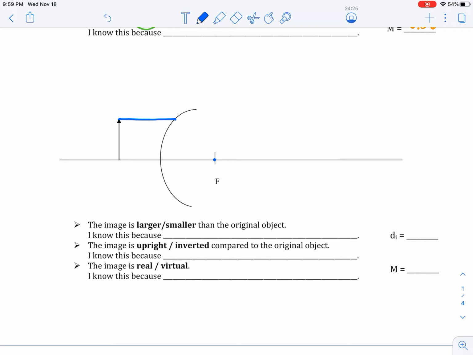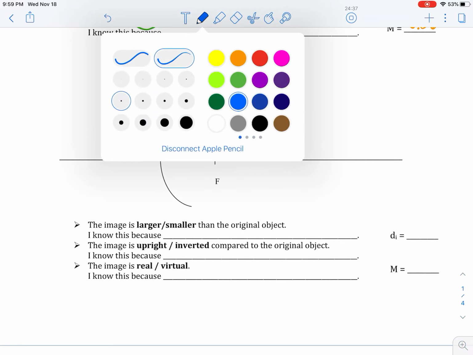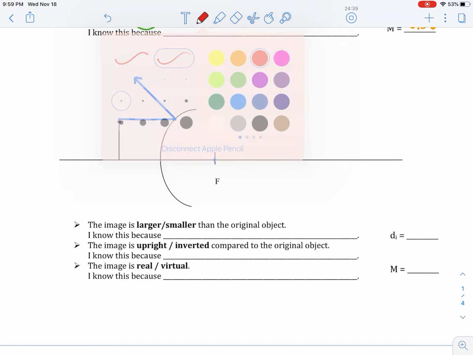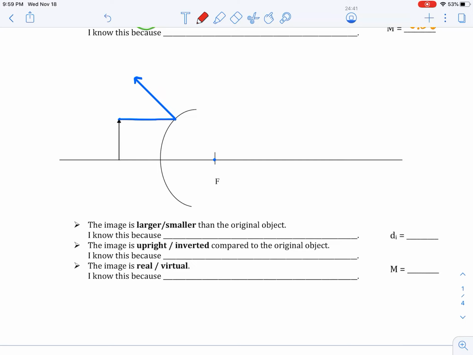So just trying to get myself lined up here. And again, we want to cross where the focus meets our horizontal axis. So this is the path that the light is actually going to reflect off. So this is the beam of light that's going to reach your eyeball.